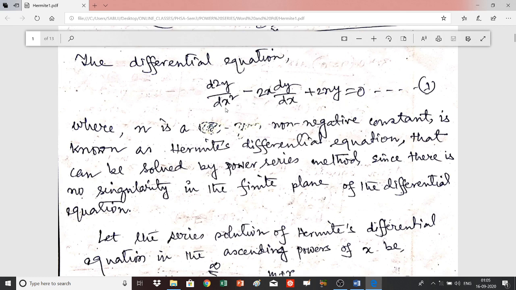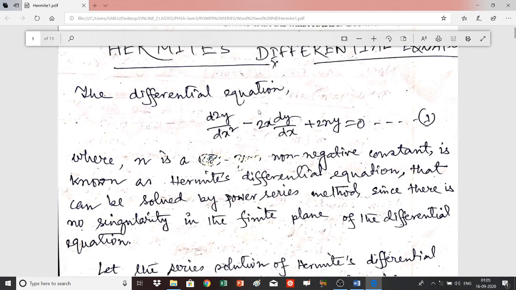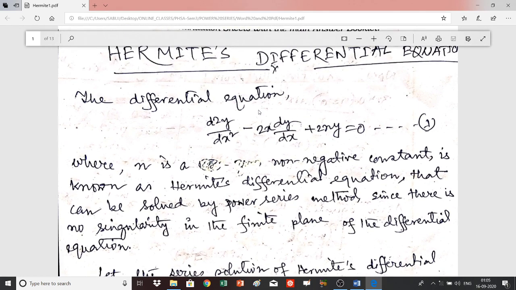You will have p0(x) equal to 1, so p0 is a constant in this case. If you use the value of x as 0, then p0 is equal to 1, that is a constant, which means it is not equal to 0. So x equals 0 is an ordinary point of the Hermite differential equation. So around x equals 0, a power series solution of the Hermite differential equation is possible.